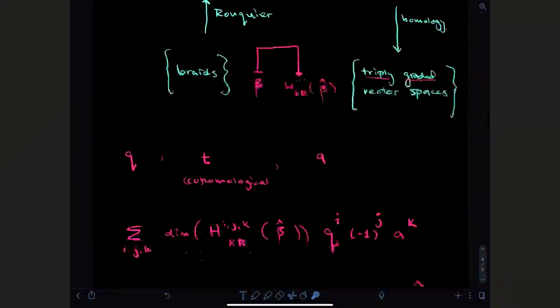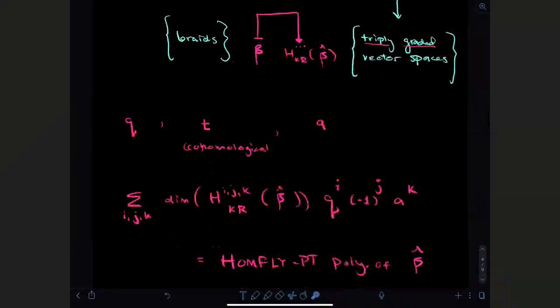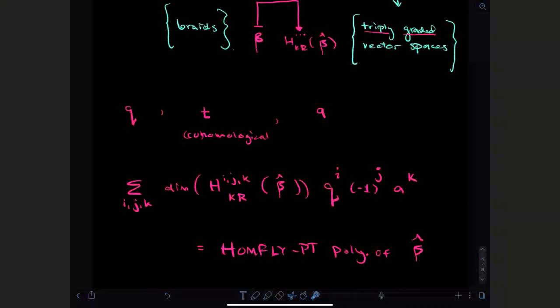Now, quickly, how does this homology theory relate to the HOMFLY-PT polynomial? We have these three gradings, Q, T, A, and if you take the sum of dimensions of these homology groups, weighted with powers of Q and A, i.e. specialized at T equals -1, you get exactly the HOMFLY-PT polynomial.